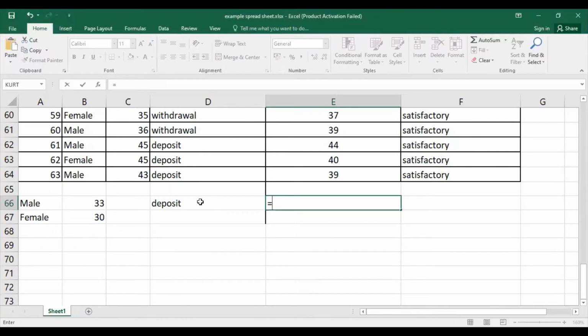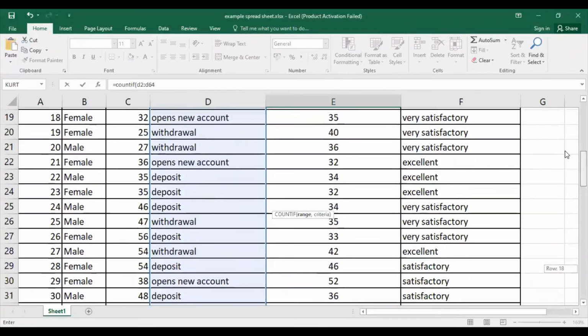We have equal sign and then Countif, and our range should start from D2 up to D64. So take note that only the column is the one being changed. The rows are still the same. So we have D2. That means we start our range from D2.